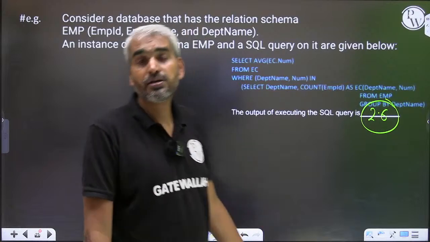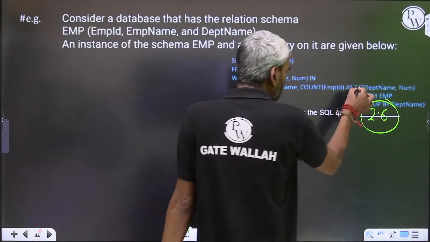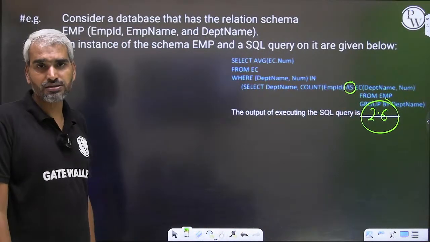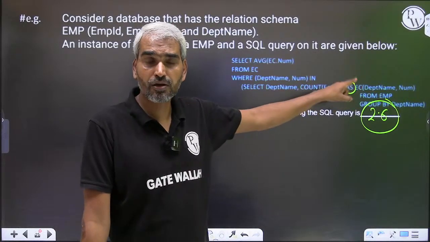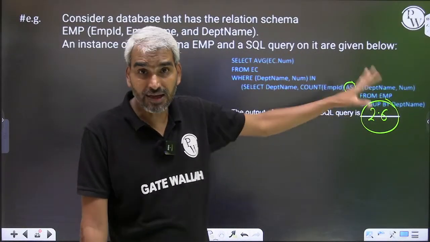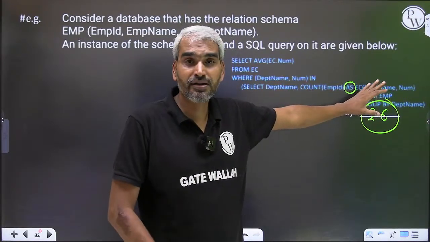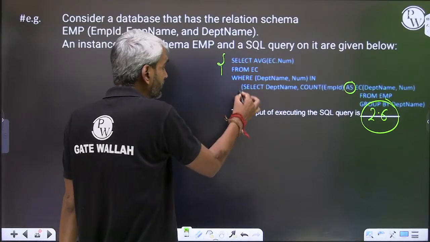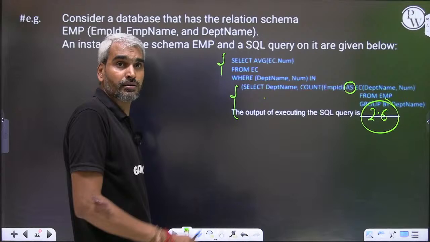The only difference is that if you use the as clause to provide a new name to the output of a subquery, then the subquery will be written after the main query. So first you will have your main query, and this is your subquery. This subquery will be an independent subquery.